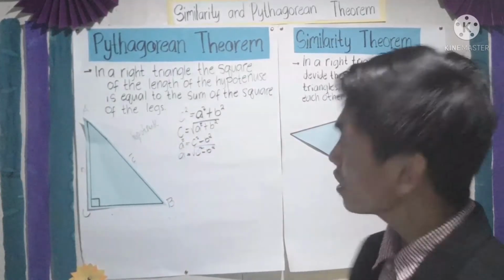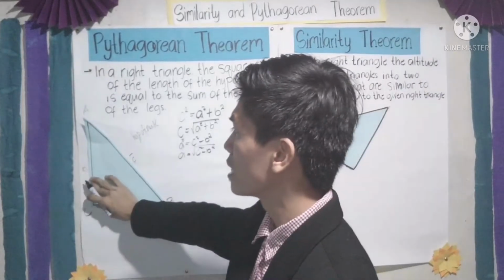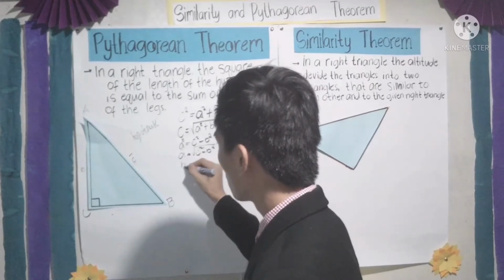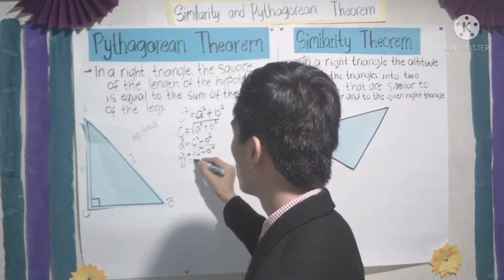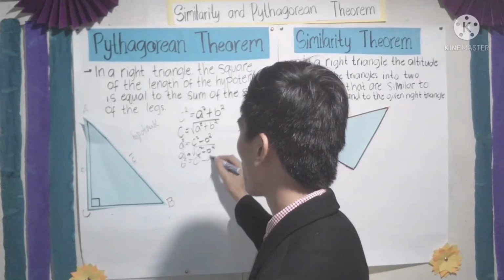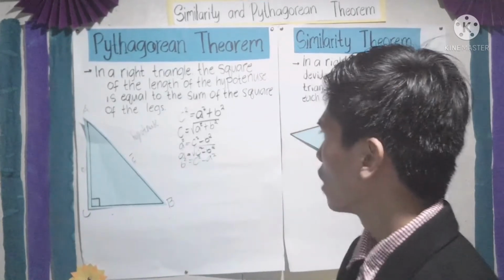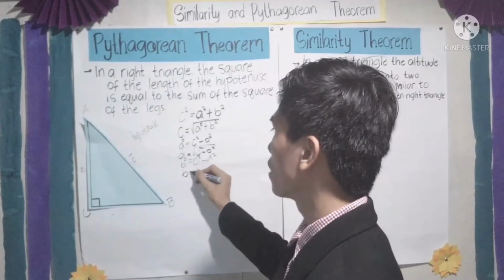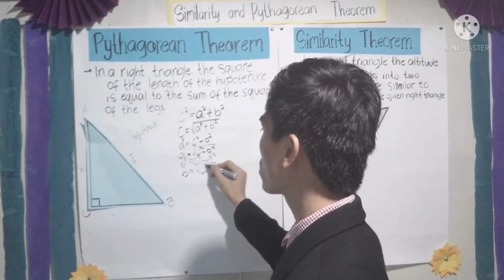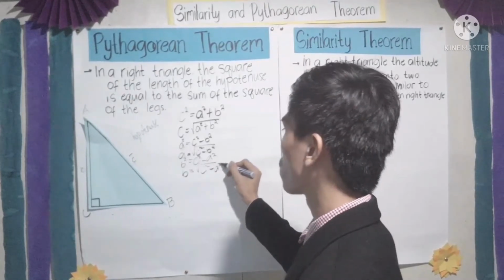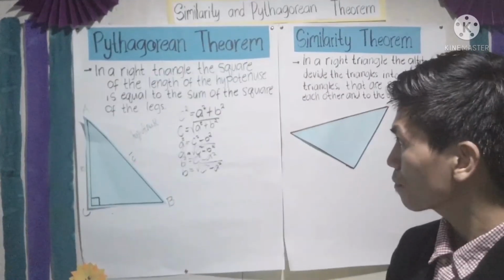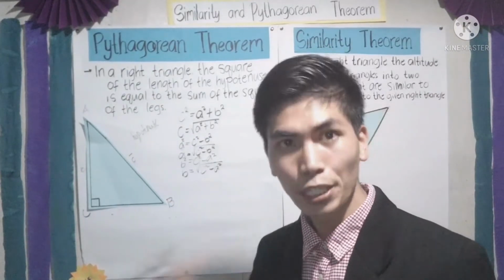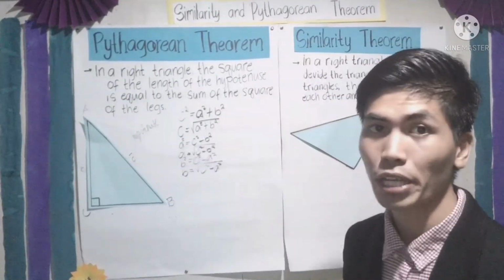And what if we are looking for the value of side b? b squared is equal to c squared minus a squared. We extract the square root, so b is equal to the square root of c squared minus a squared.